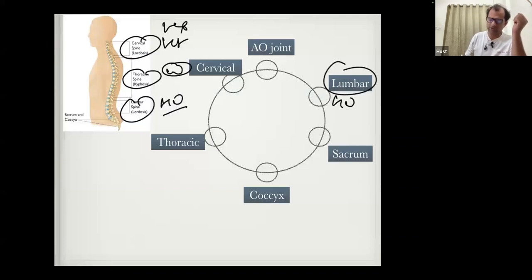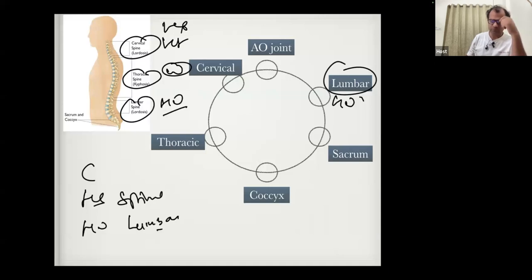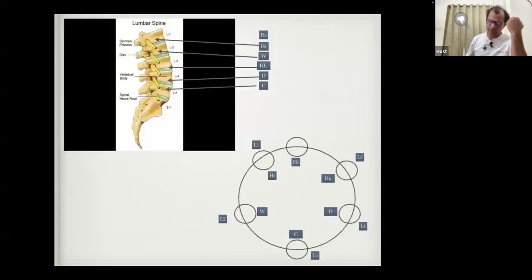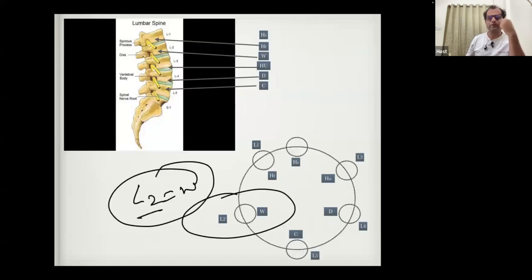So first we chose coldness, that is the bone, then hotness, that is the spine, then humidity, that is the lumbar vertebra. In the lumbar vertebra, we want to go to lumbar two. The lumbar two vertebra is wind energy, we can see.